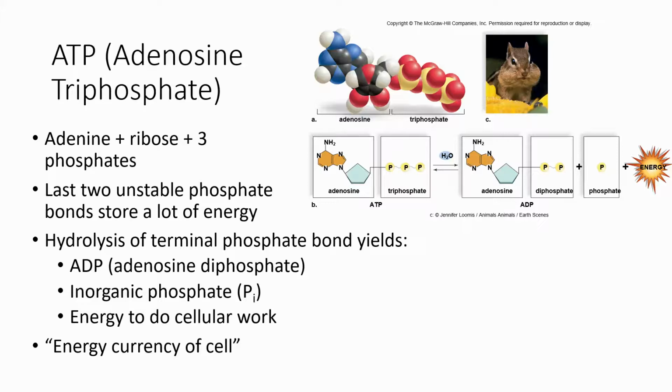Conversely, if you break a phosphate-phosphate bond, like what you see happening here, that releases a lot of energy. And so your cells have found ways to use the energy released by breaking these phosphate bonds to power reactions in the body.